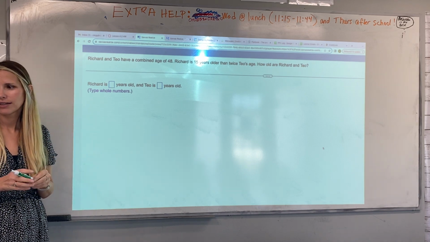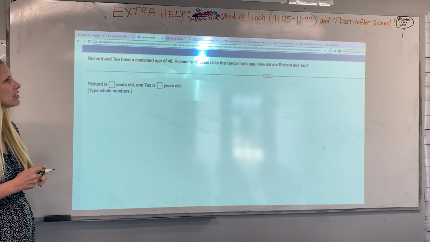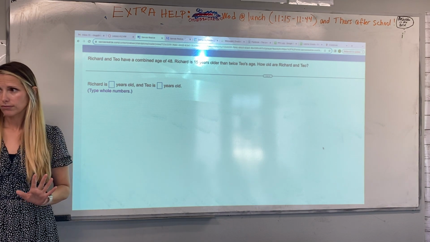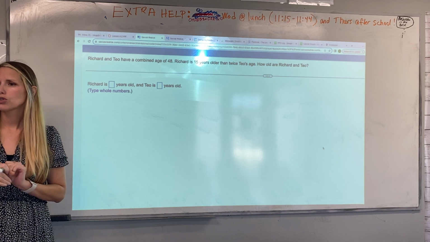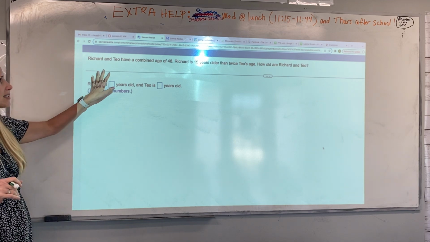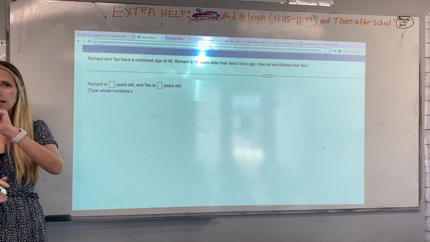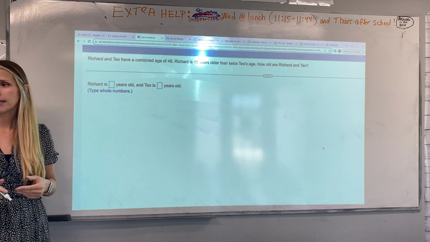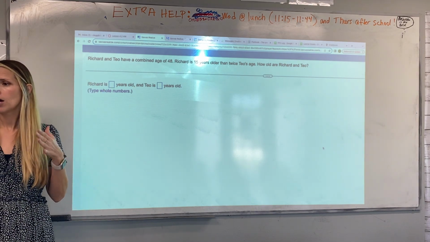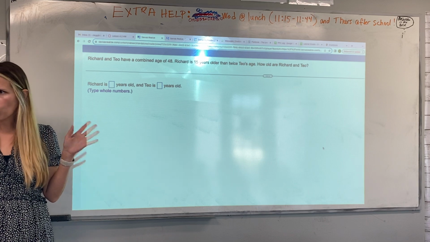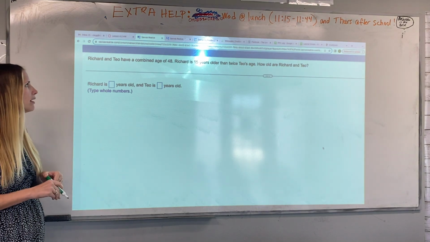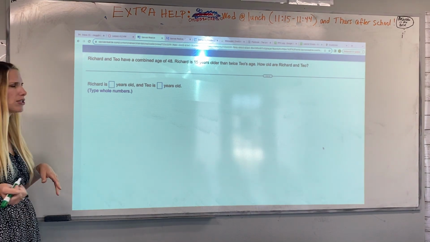Let's organize two different equations. The first sentence gives me my first equation. Let's use R and T to represent the ages of Richard and Teo. We don't have to use X and Y, we can use R and T, okay? Because we're not going to use brackets, we're going to use substitution.